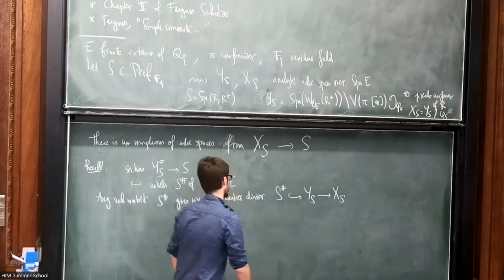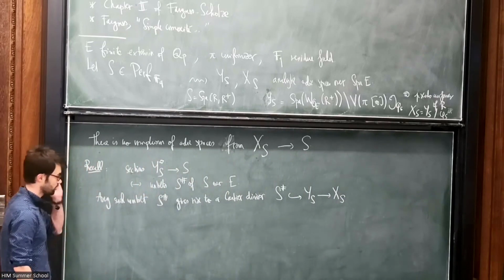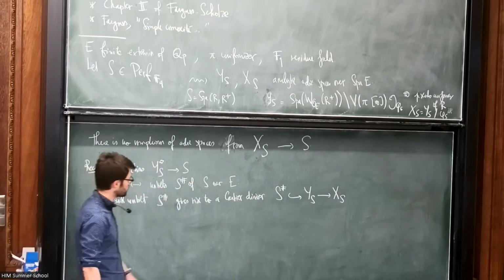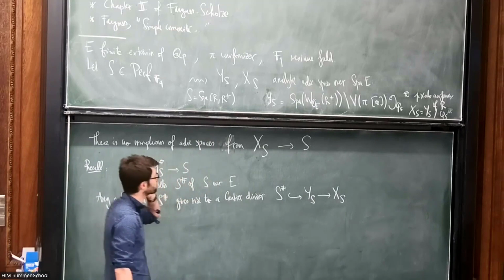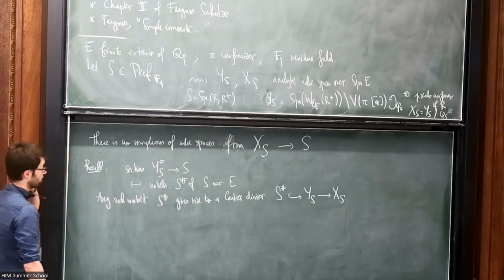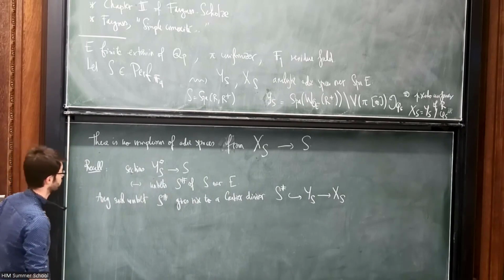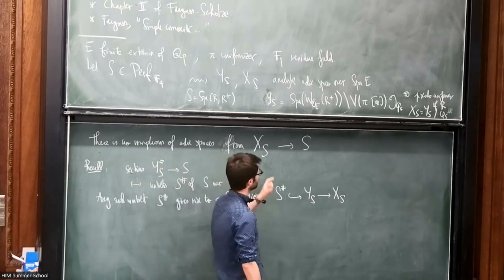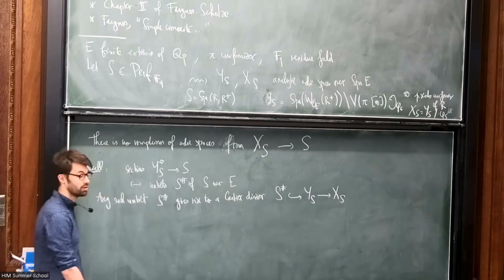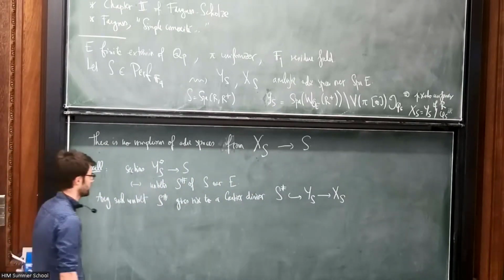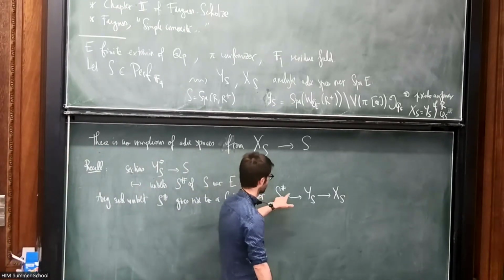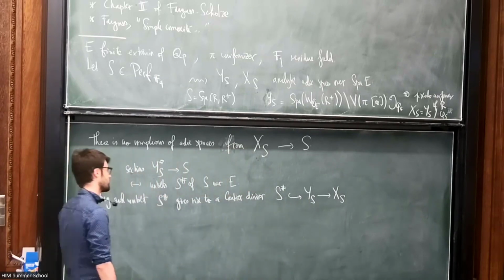And this way you get a Cartier divisor on X_S, which is, as we saw, we have this theta map from the Witt vectors to the ring of integral elements of the untilt. And the kernel of this theta map is principal, generated by a non-zero divisor. And this gives rise to the ideal sheaf corresponding to this Cartier divisor.